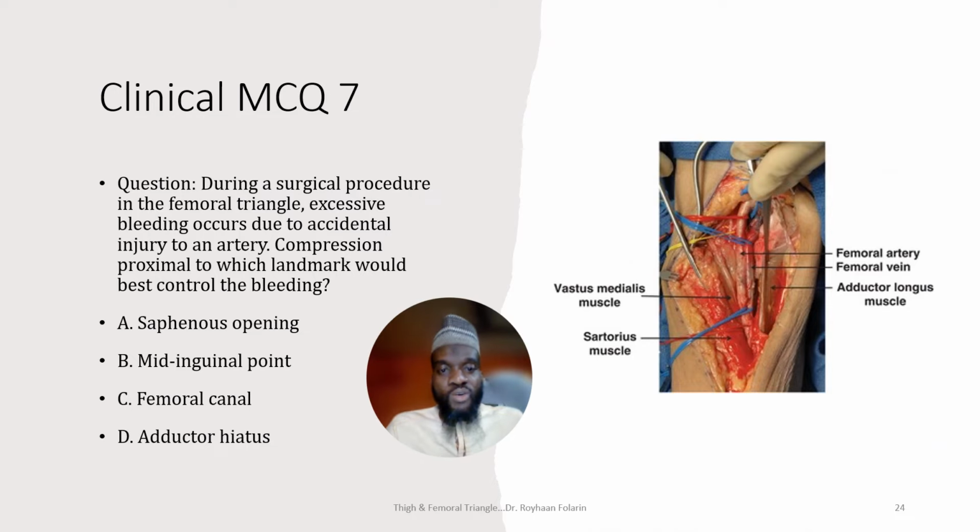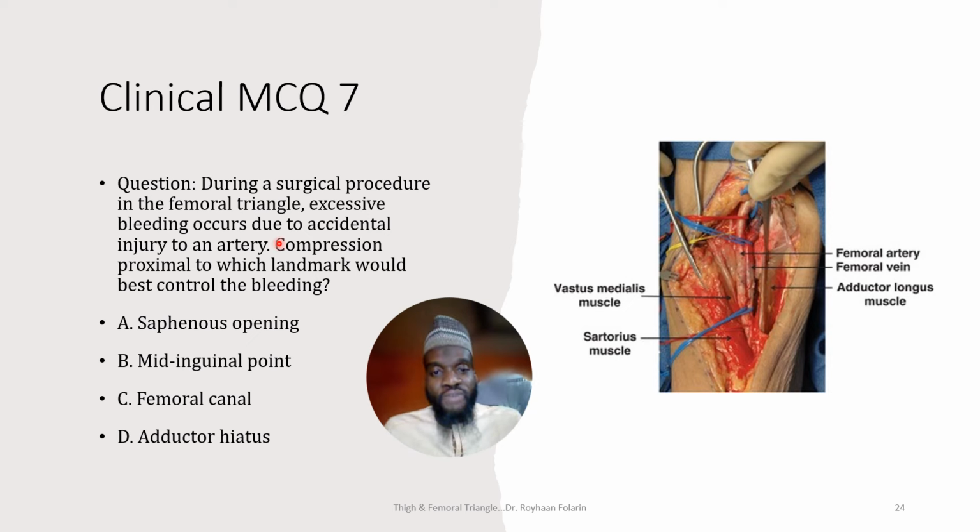So here is another question. During a surgical procedure in the femoral triangle, excessive bleeding occurs due to accidental injury to an artery. So if we want to control the bleeding, compression proximal to which landmark will be best in controlling the bleeding?